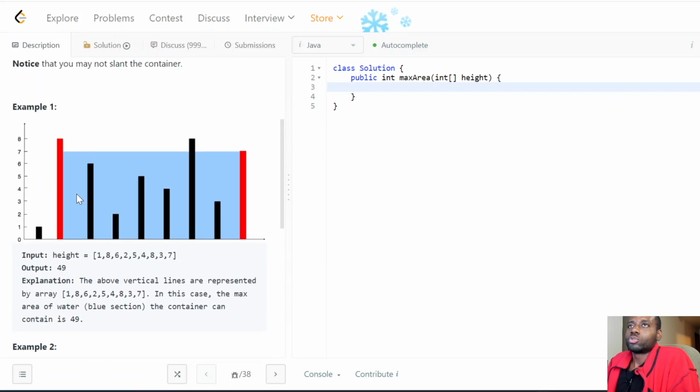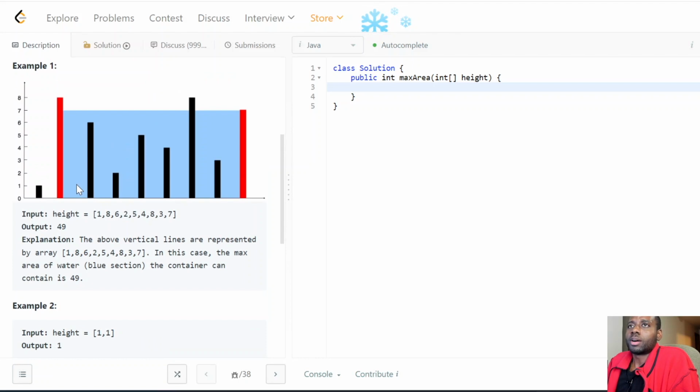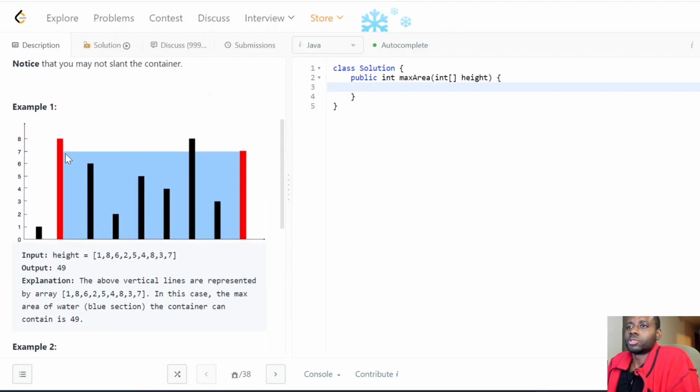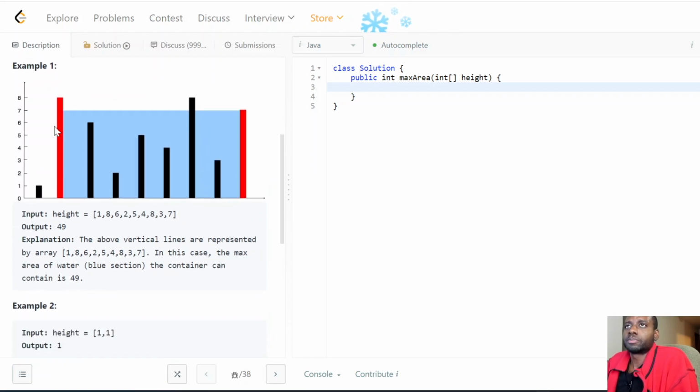All right, makes sense. So let's go through a couple of examples. We want to further solidify what they're asking us to do. We're given this height array, a bunch of lines. Like I was saying earlier, the value at each index represents the height of that line at that particular index.